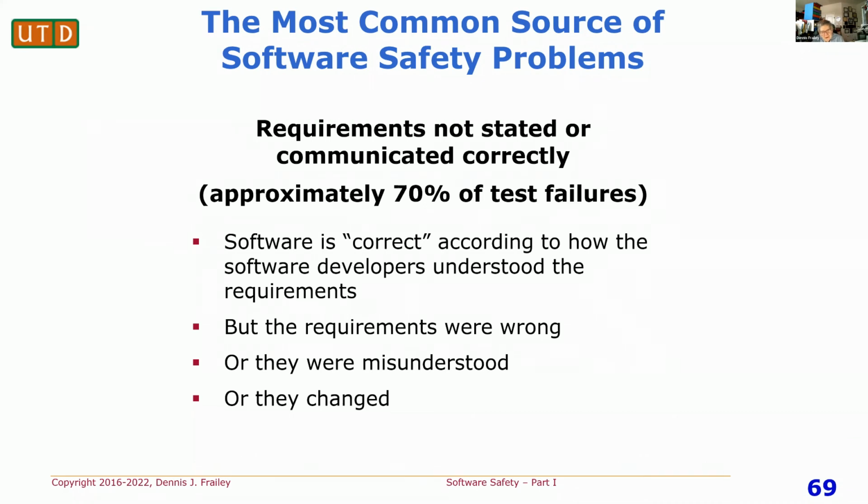In this situation, the software is correct according to how the software developers understood the requirements, but the requirements were either wrong or misunderstood. And this last one is important too. The requirements changed. One of the most common problems in real life situations is that somebody changes the requirements when they're halfway through the project.